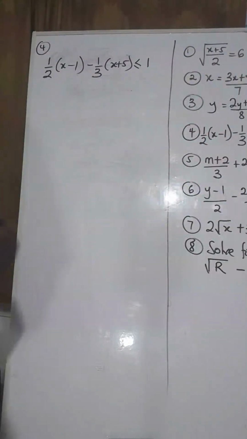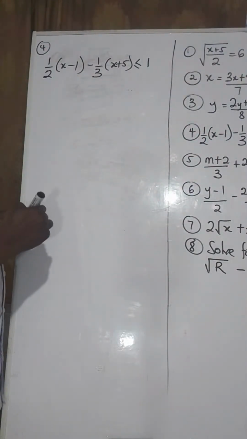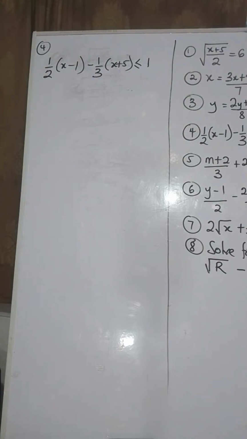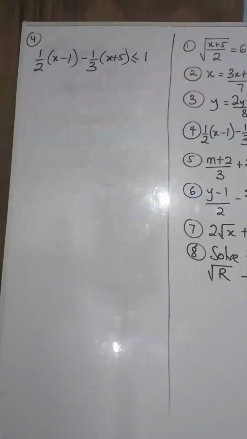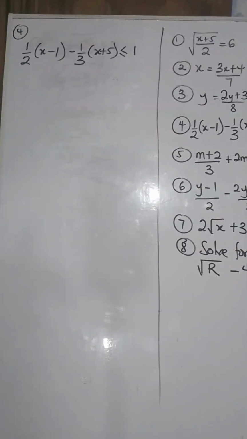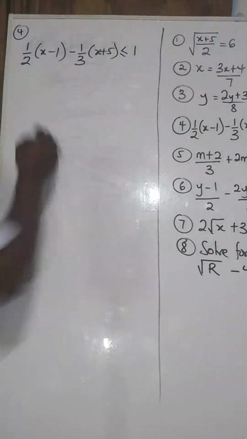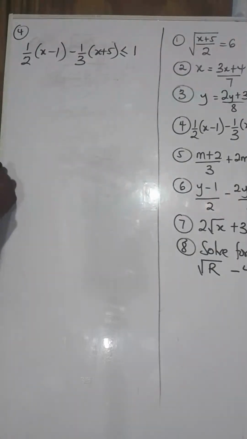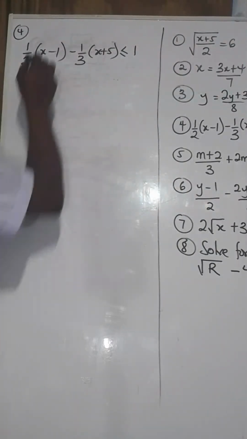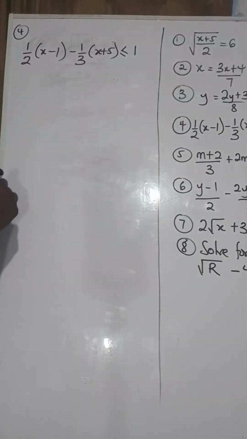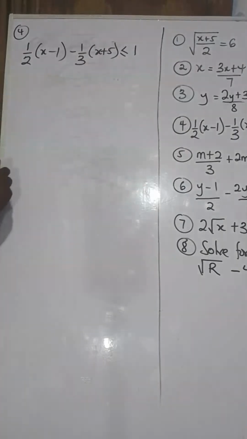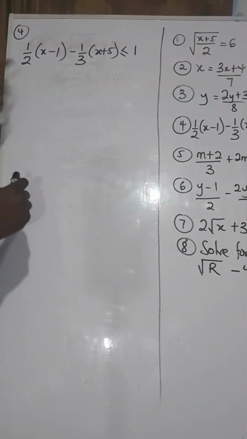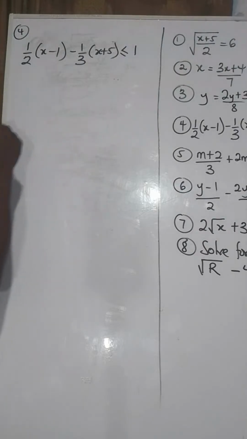Right, so let's solve it and see. With this one, we have the LCM to be 6, that is 2 and 3. The LCM is 6. So we have this expression, another one, and a third one. So the LCM will multiply each.